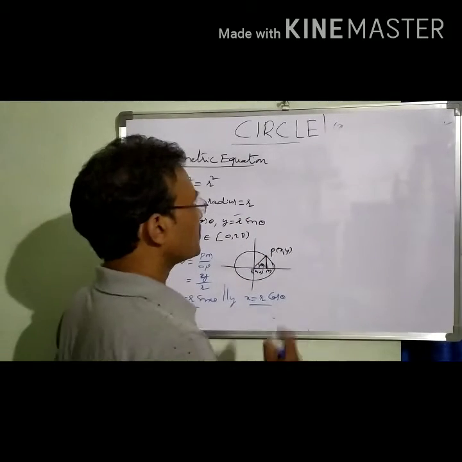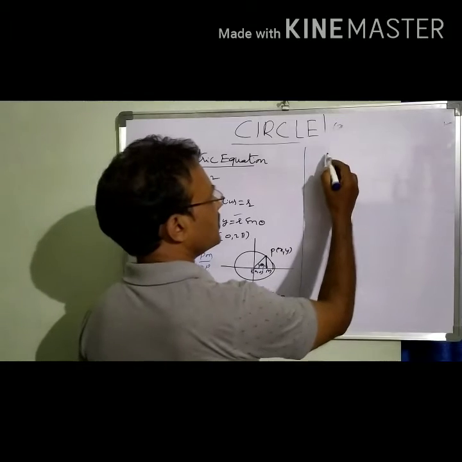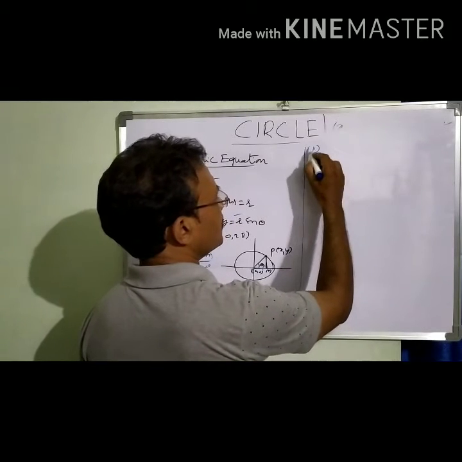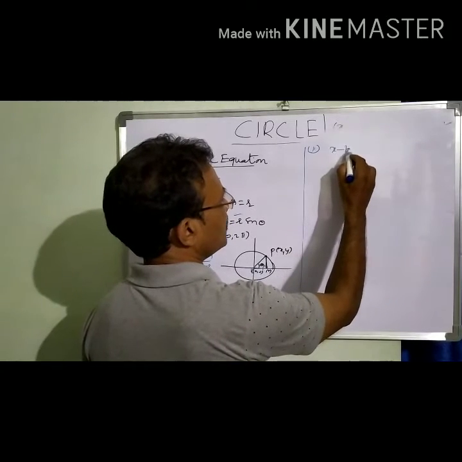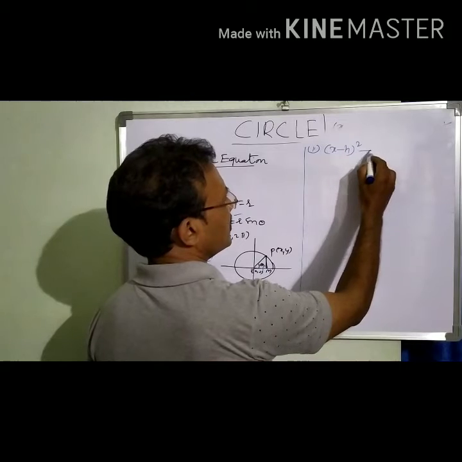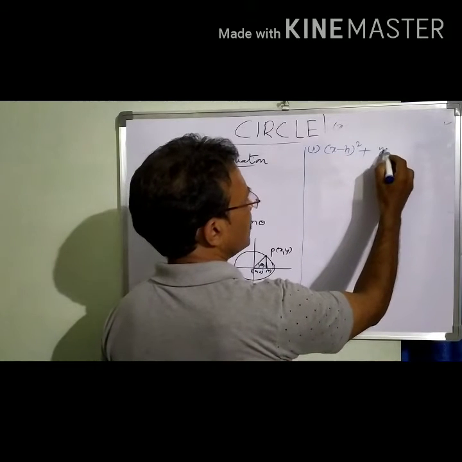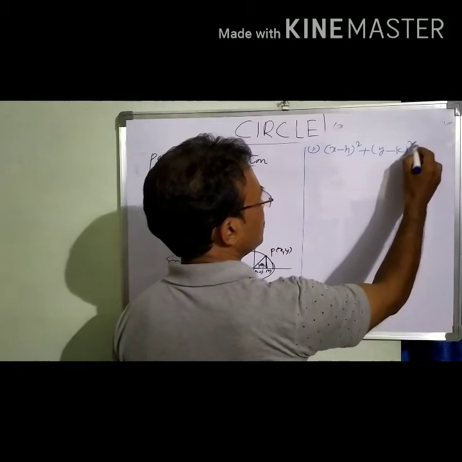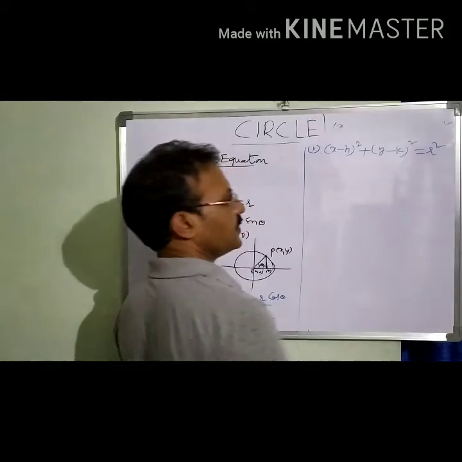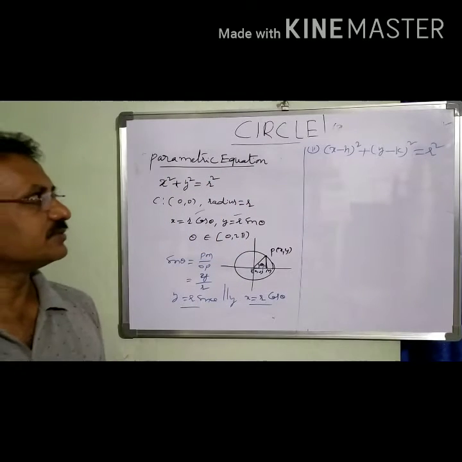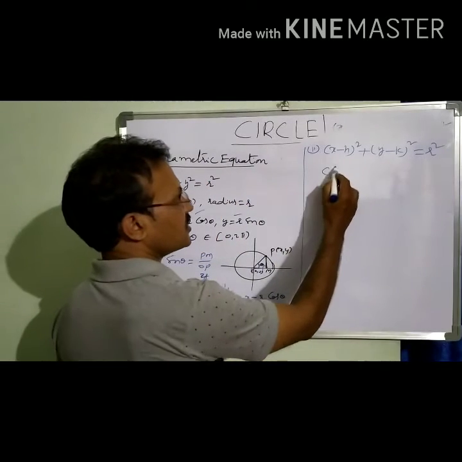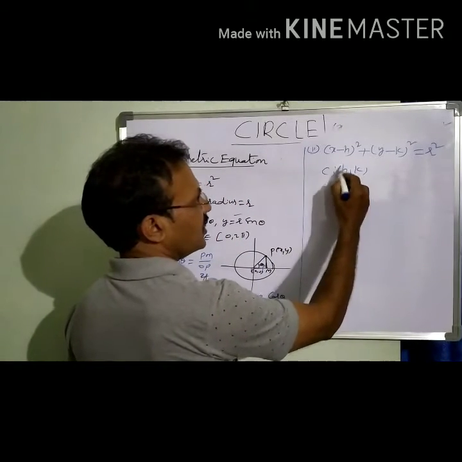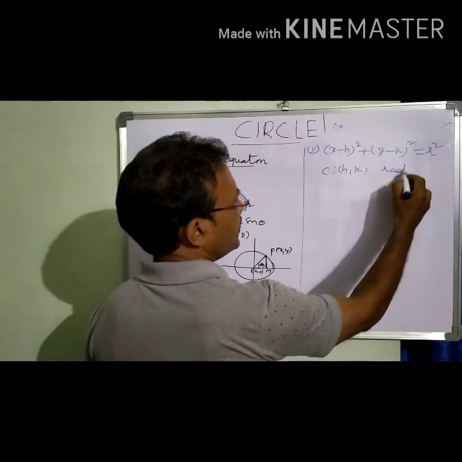In the same manner, suppose you consider the general equation of a circle with center (h, k): x minus h whole square plus y minus k whole square is equal to r square. If you observe this circle equation, the center is (h, k) and radius is equal to r.